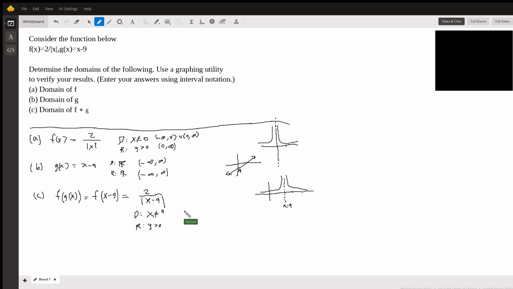In interval notation, the domain would be negative infinity to 9, union 9 to infinity. And the range would be 0 to infinity.